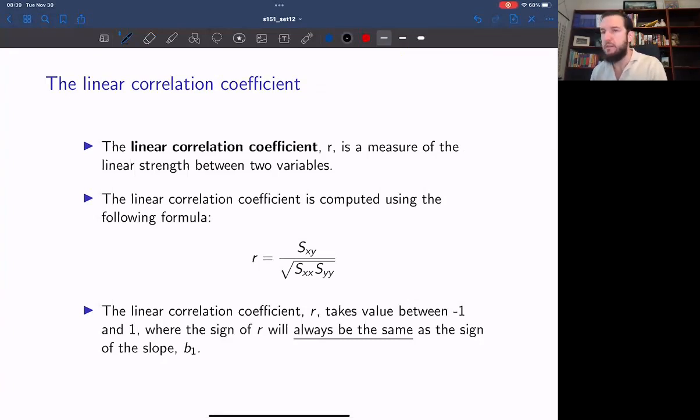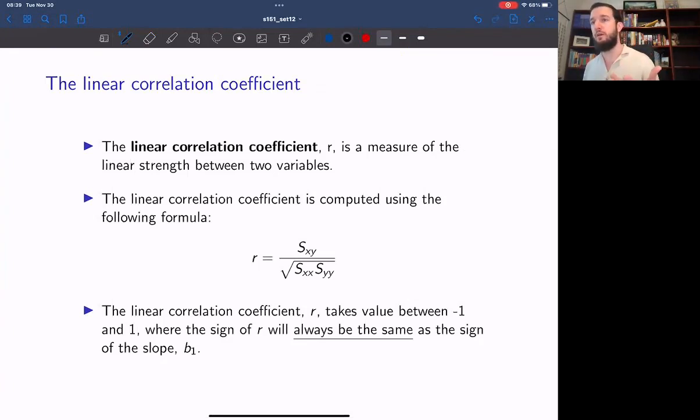We can use it to determine if a line is going to fit a data set well because it measures linear strength, but it isn't actually based off the fitted line at all. It's only based off of the data that we are working with. The coefficient of determination, which we'll talk about next, is actually based off of the fitted model. So that's more of a true diagnostic measure in the sense that it uses the regression line that we fitted to compute.